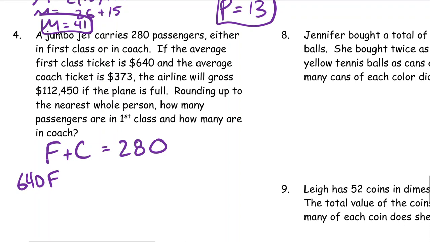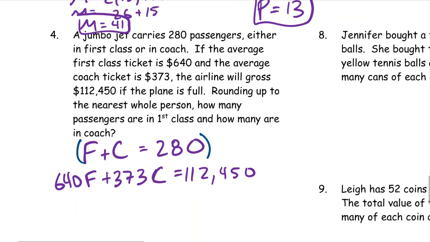640 for the first class plus 373 for the coach ticket equals 112,450. So what should we do? We can multiply this whole top equation by, we're going to get a big huge number here, by negative 373.